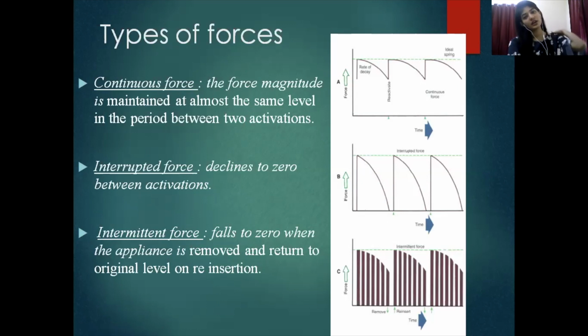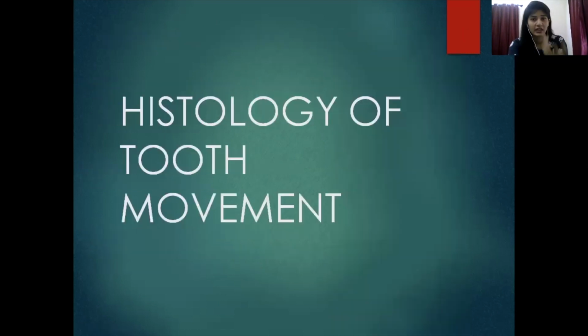Then coming to the intermittent forces, this falls to 0 when the appliance is removed and returns when the appliance is inserted. So when the appliance is inserted, it will generate the same amount of force as when the appliance was first activated.